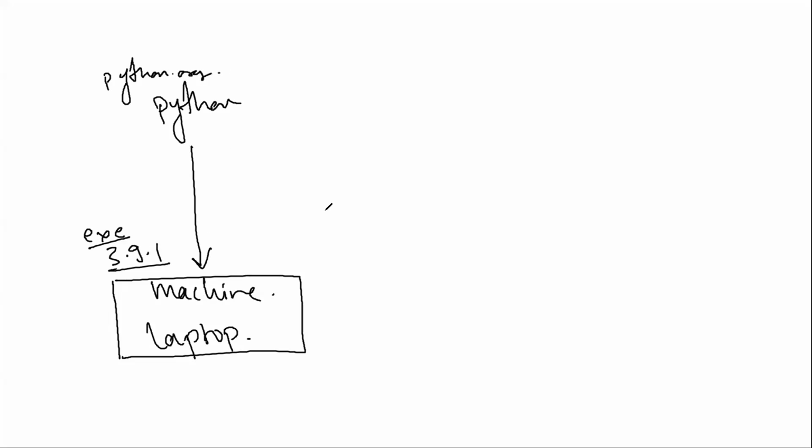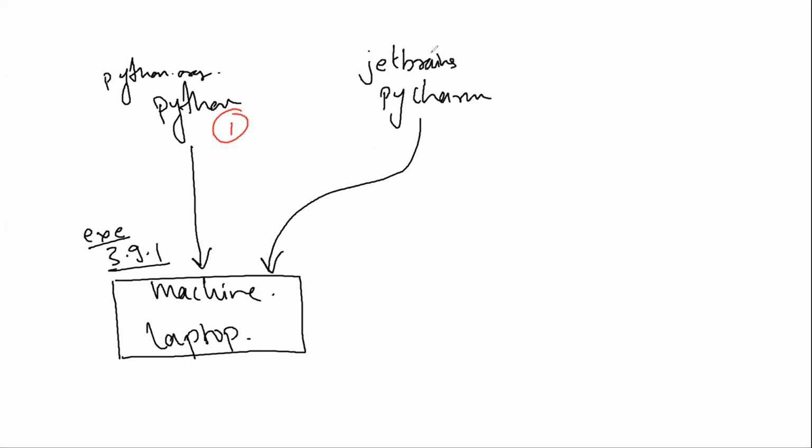This is your first installation. Now the second one, you are installing PyCharm from JetBrains. It is not bringing any executable with it. This is your second installation.